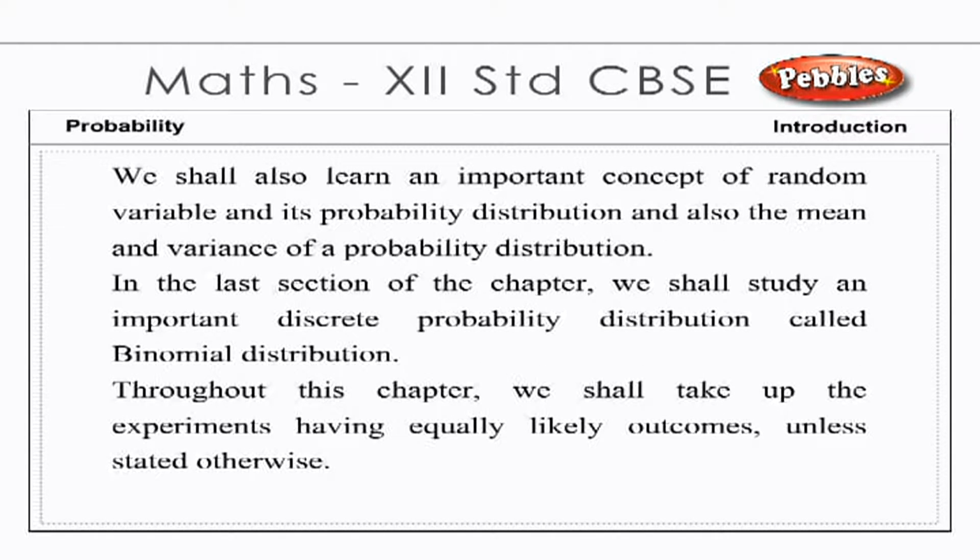We shall also learn an important concept of random variable and its probability distribution, and also the mean and variance of a probability distribution. In the last section of the chapter, we shall study an important discrete probability distribution called binomial distribution. Throughout this chapter, we shall take up the experiments having equally likely outcomes, unless stated otherwise.